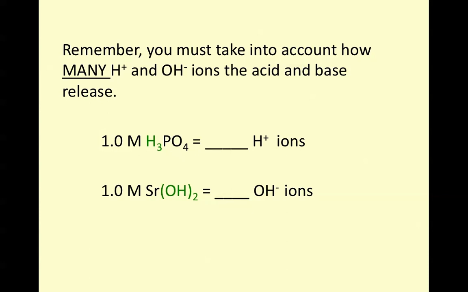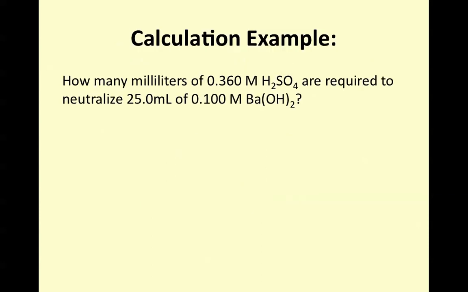You guys have already practiced writing some dissociations in concept A and B. So here we have 3 hydrogen ions, so we'd have to make sure we represent that in a titration calculation. And then for strontium hydroxide, we have 2 hydroxide ions. This is probably one of the most forgotten pieces of titration calculations, is adding in the number of hydrogens and hydroxides.